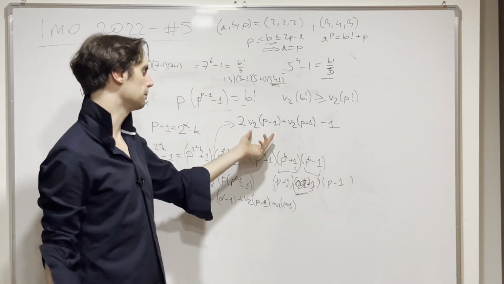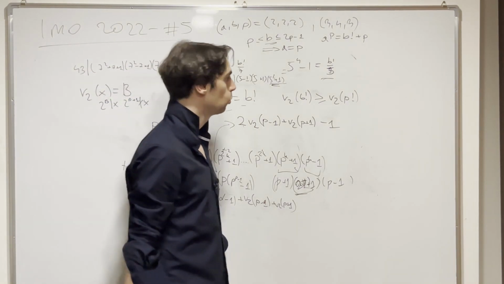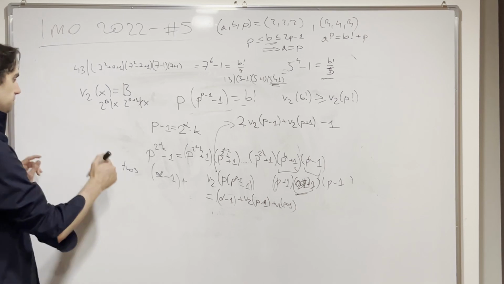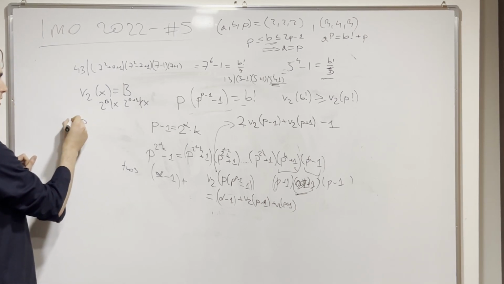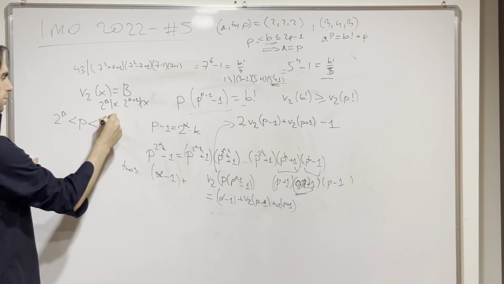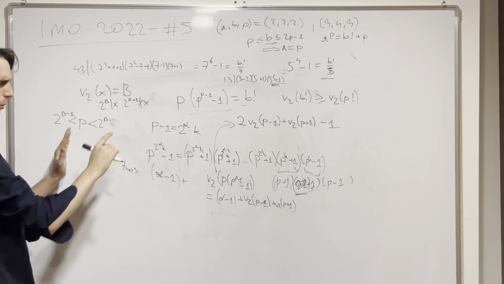Now we could maybe estimate what this can be. One quick estimate I'm thinking of is, if p is between 2 to the beta and 2 to the beta plus 1, maybe minus 1 and 2 to the beta. I'm just thinking which one will give me a better estimate.